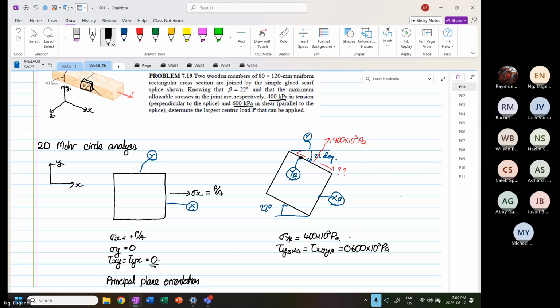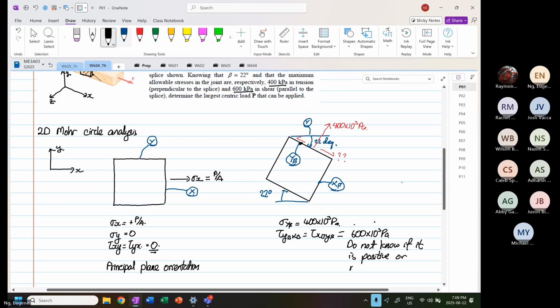However, we are not sure whether it is positive or negative. So I better write it down in words: do not know if it is positive or negative shear.